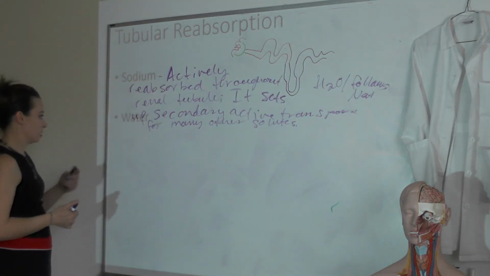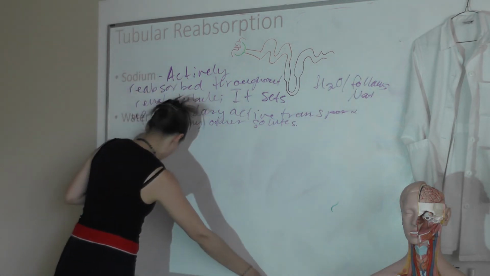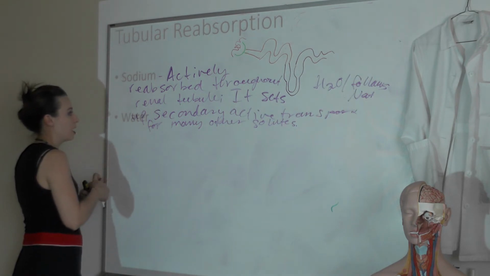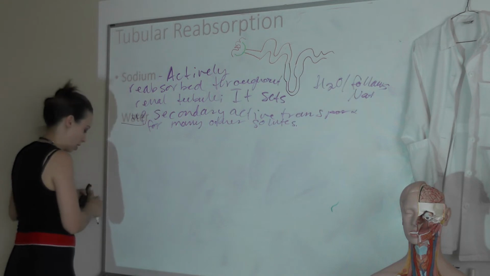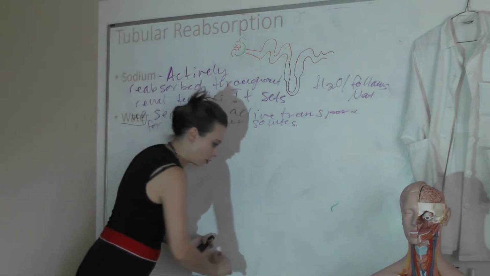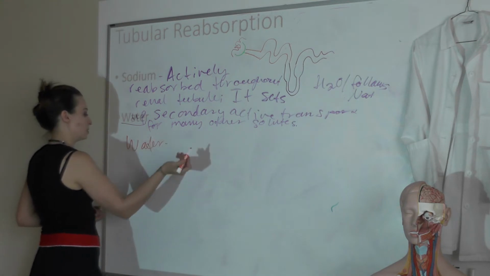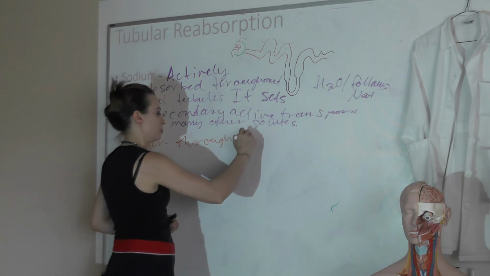Okay. So what about water reabsorption? Where do we do water reabsorption? Again, throughout the renal tubule, depending on where we're looking, is going to determine how we're reabsorbing our water. So for water reabsorption, we could also say this is occurring in different ways throughout the renal tubule.